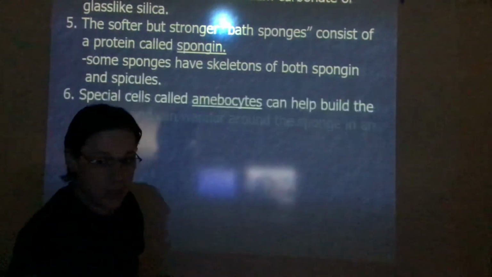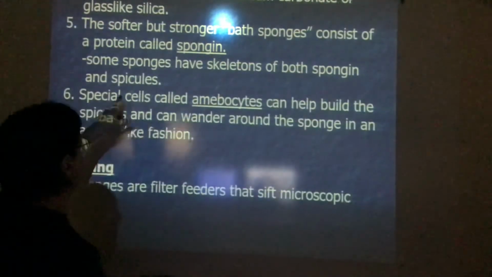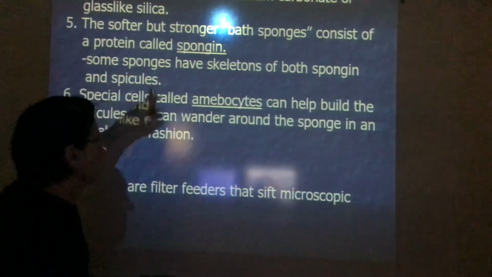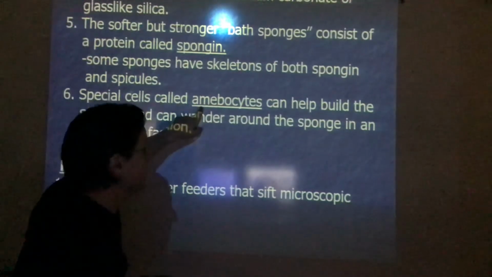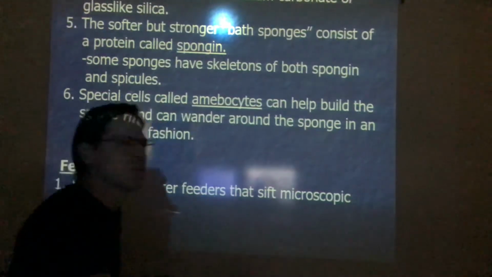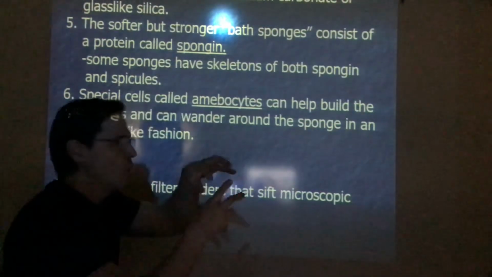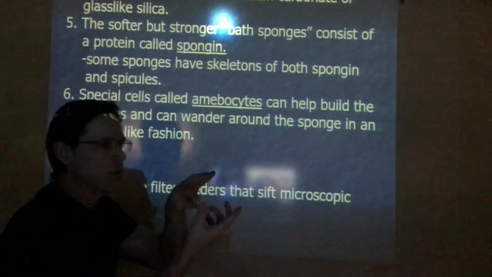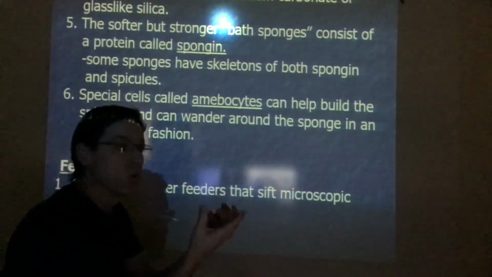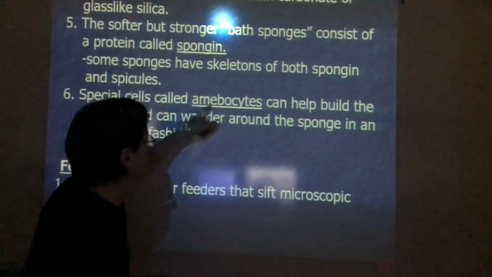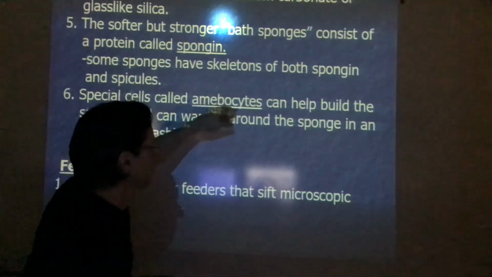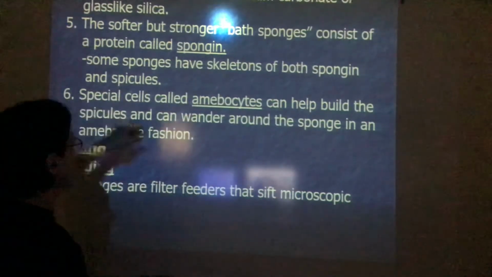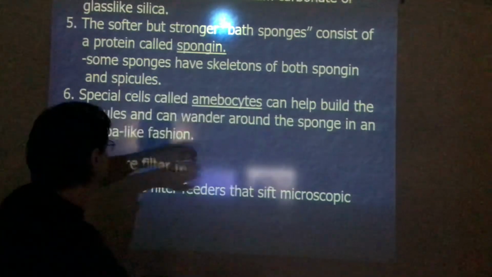The only other specialized cell they have, so they have the choanocytes, and they have these things called amoebocytes. Anybody ever heard of the term amoeba? It's that little blob-like, water-based single-celled organism. That's what it kind of looks like. But these things, inside the tissue, basically help build the little spicules, the little glass rod-type structures.